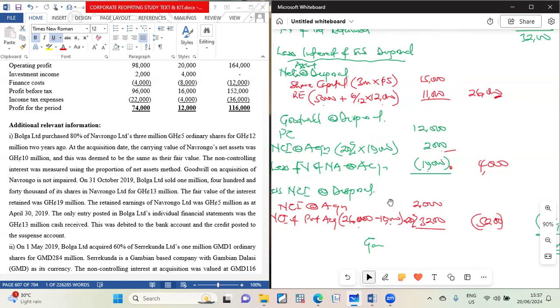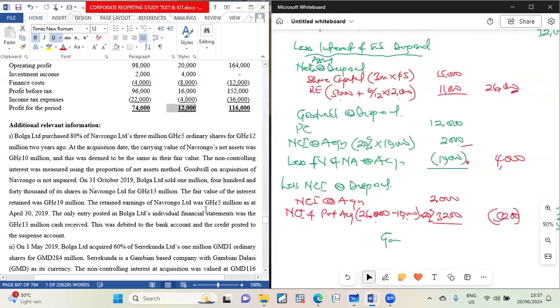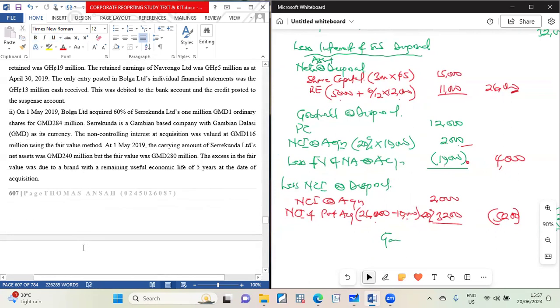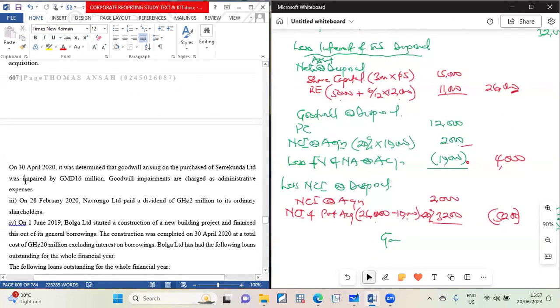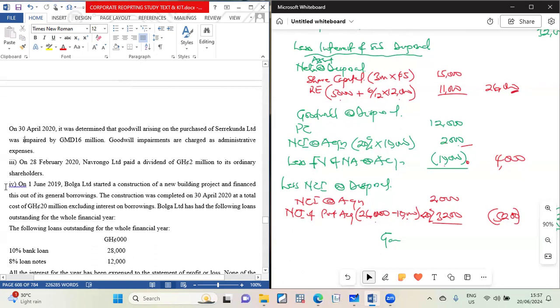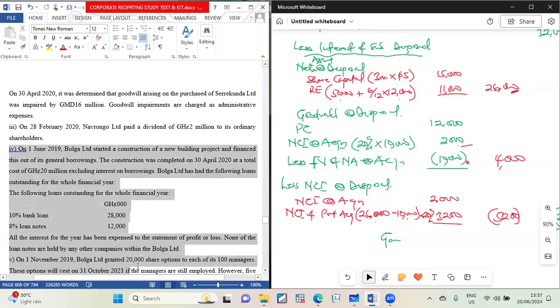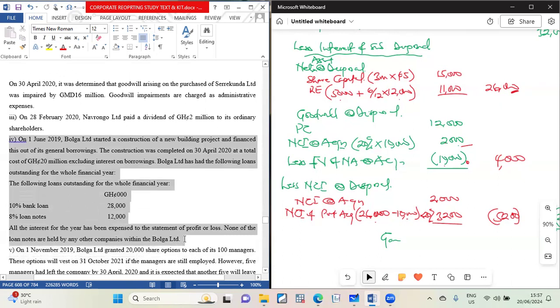But it's good you also show the workings, because there is even goodwill to do for the other one, Serekunda, or the goodwill translations thing that we deal with over there. So now let's go back and deal with the borrowing cost and the share-based payment, because we've worked on our workings 3, workings 2, and the next one is workings 4. All right.